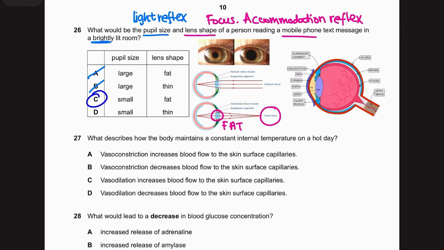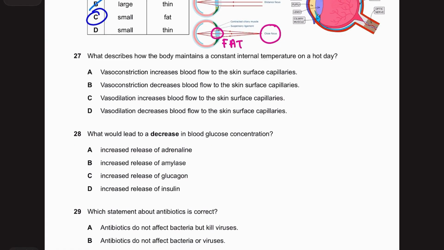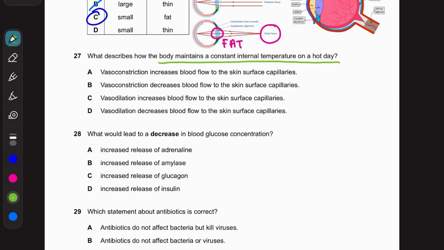Understand? Okay, moving on. 27 here, it says, what describes how the body maintains a constant internal temperature on a hot day? Give me one keyword, guys. If this was a long answer question, what is the phenomenon here? The phenomenon of maintaining a constant internal condition in the body starts with an H. What is your body doing?